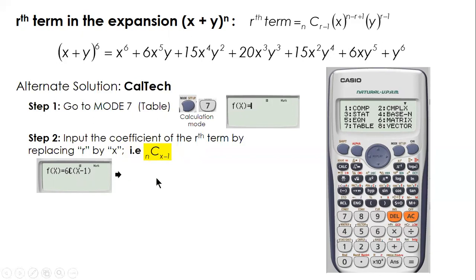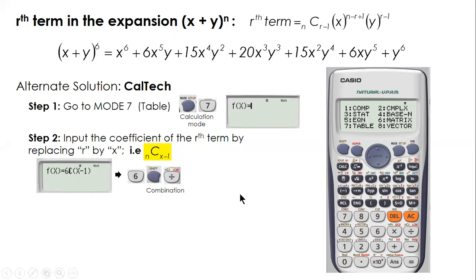So how to input? Of course, you start with 6. Now, combination, as you can see here, match it with the color. Brown or yellow. Yellow, actually. Match it with shift. So, combination is shift divide.